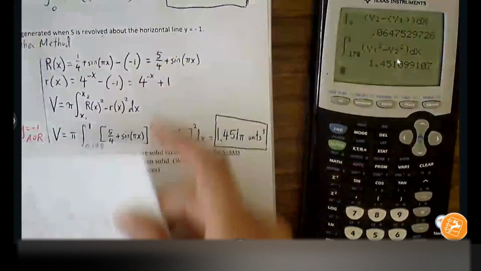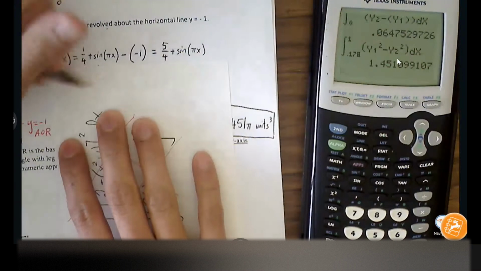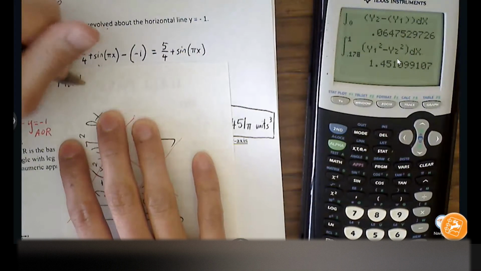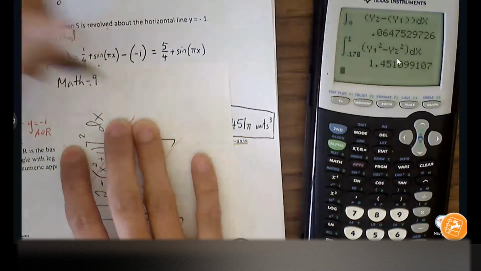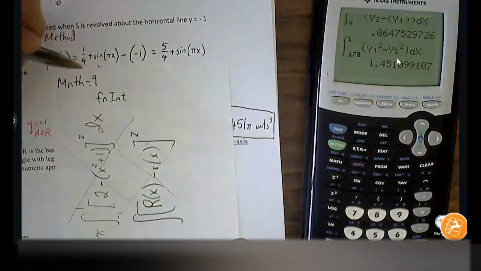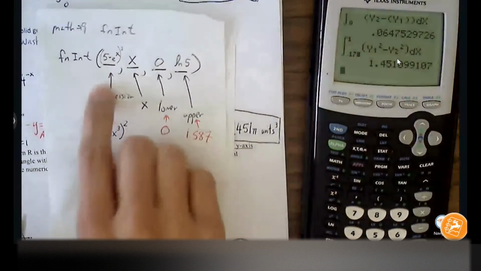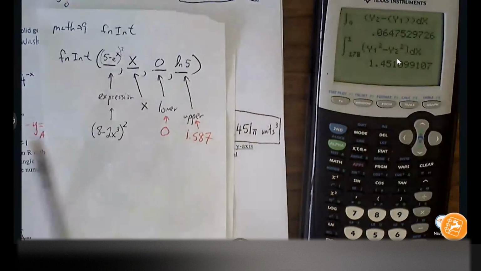So yeah, if you have an older one, you can still do it. Let me show you. You're going to do Math 9, but it's going to show you as FN integral. It's going to take 4 arguments.